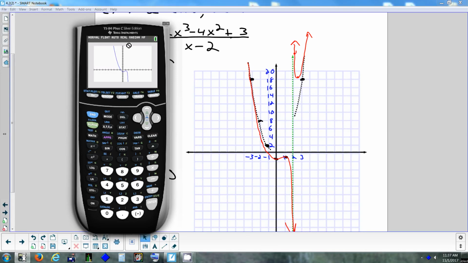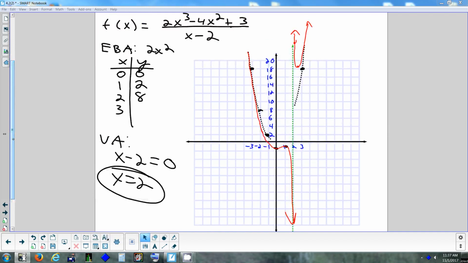You've got to use the table and check a few different values. Check values very close to the asymptote on each side. And then if you're still not sure, check a few more values, like I did. Check 0, check 1. And that's how you do it. Okay, so again, that's called a parabolic asymptote.